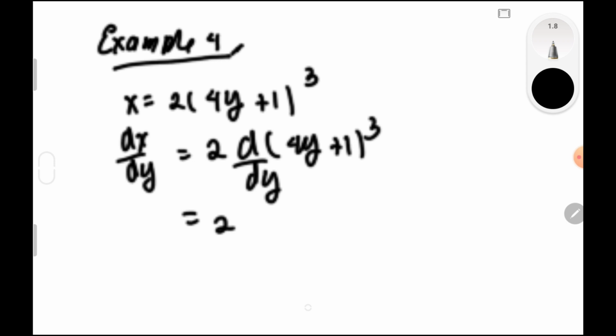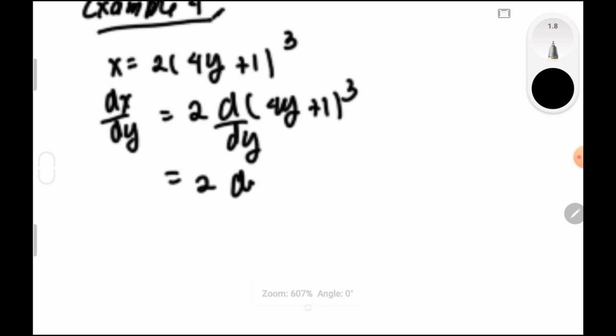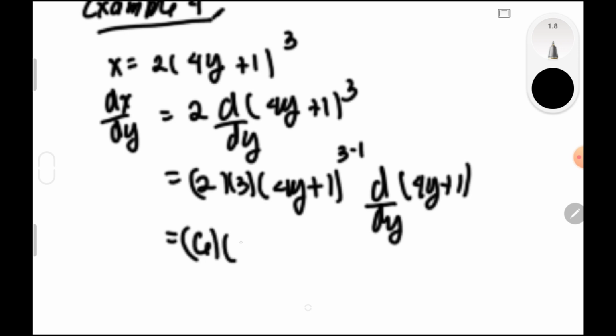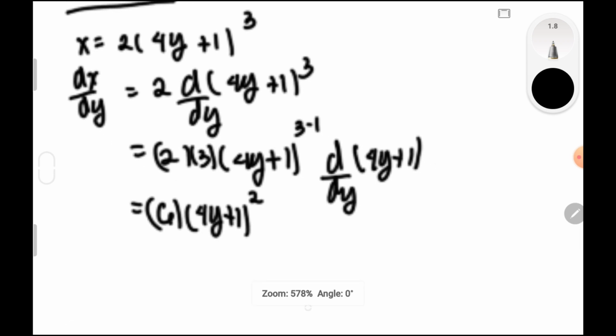So therefore we'll have 2 multiplied by 3 multiplied by 4y plus 1 raised to 3 minus 1, multiplied by the derivative of 4y plus 1 with respect to dy. So we'll have a value of 6 multiplied by 4y plus 1 squared, multiplied by the derivative of 4y, which is 4.